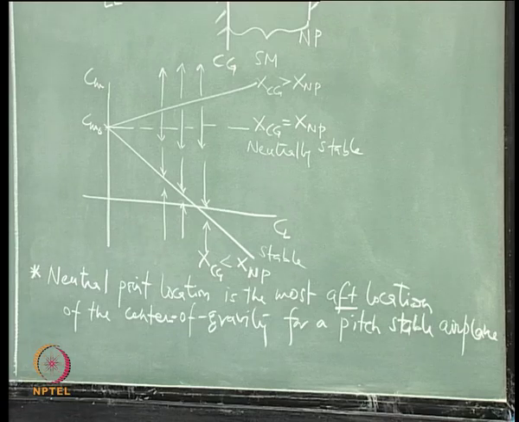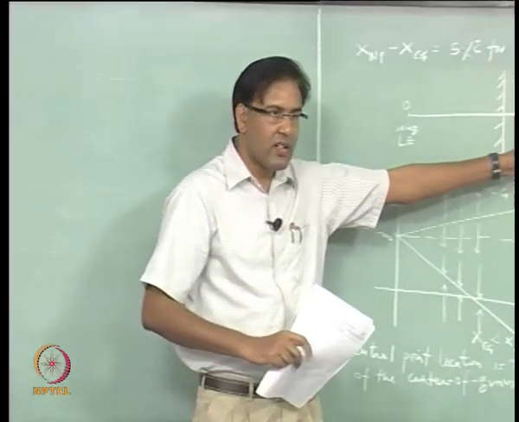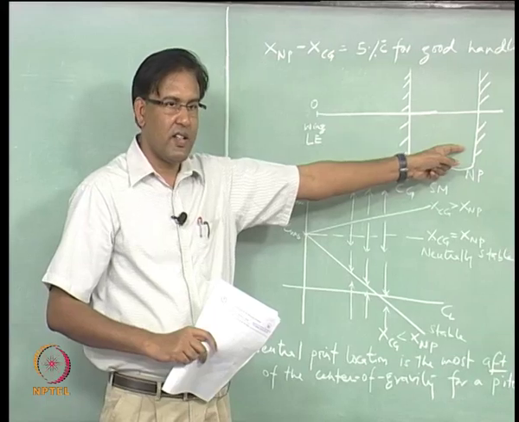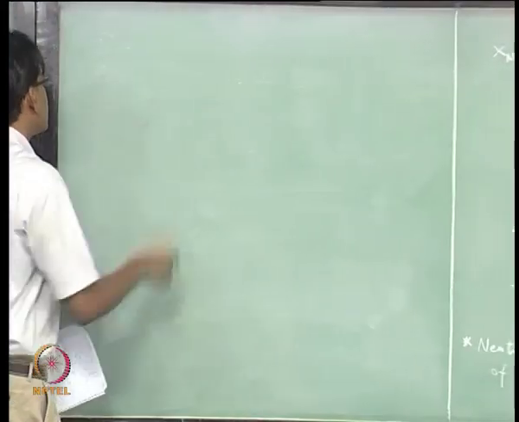Okay, now let us discuss the most forward location of the CG, right. We talked about the most aft location of the CG, right. What is the most forward location of the CG?